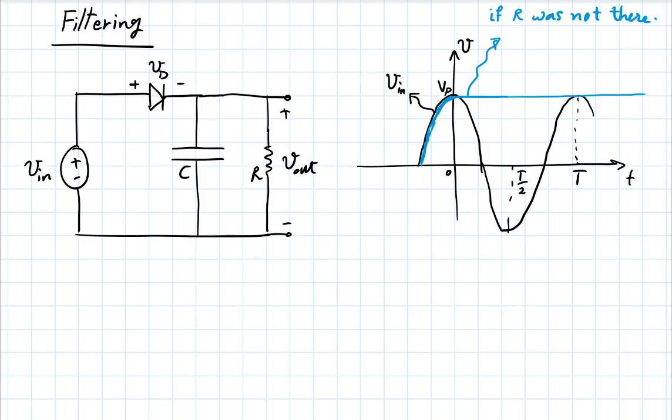But then when the input reaches its peak and starts to descend, now the capacitor that would have liked to stay there at that voltage, like the blue line, well, now the capacitor has that voltage and it's connected across a resistor. You have an RC circuit, exactly like the kind of circuits that we analyzed several weeks ago. So you have the capacitor discharging in the resistor.